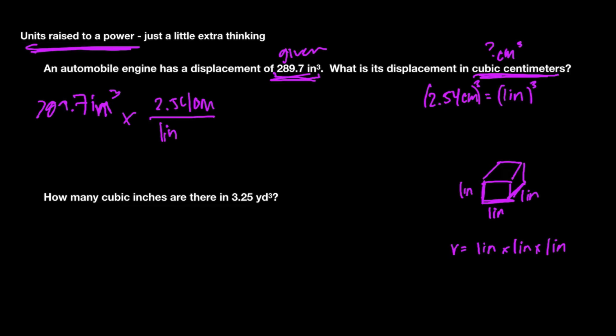Now, if I want to do this in centimeters, though, I know that 1 inch is equal to what? 2.54 centimeters times 2.54 centimeters times 2.54 centimeters, yes? Which means that 1 inch cubed does not equal 2.54 centimeters.